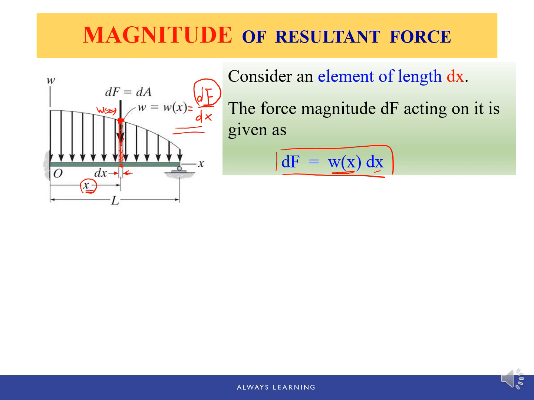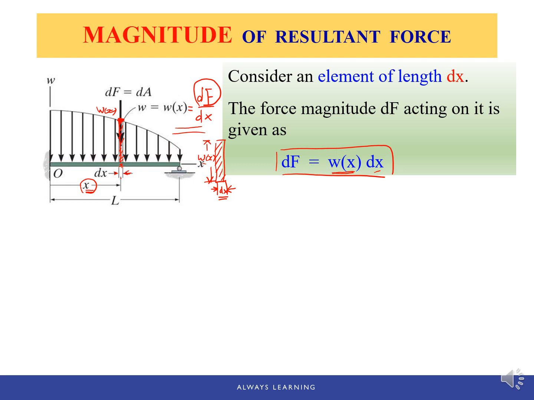So that means if we bring out this differential area, you have dx over here, and you have wx over here. So dx times wx is actually the differential area under this curve.